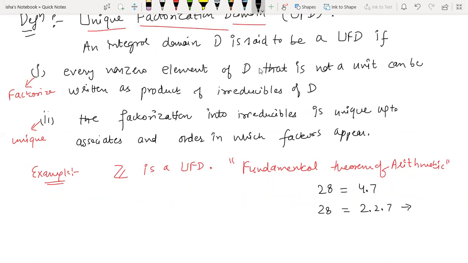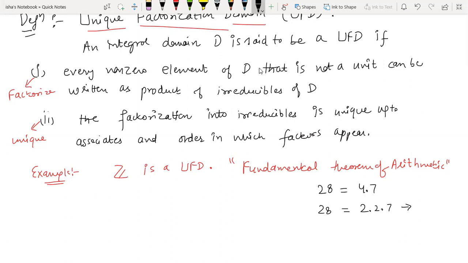My unique factorization domain demands it to be a product of irreducibles, but we know that in the ring of integers every prime is the same as an irreducible. So all prime numbers are irreducible elements. You cannot further break down the prime numbers. 7 cannot be written as something into another number, 2 cannot be factorized further. So these prime numbers are our irreducible elements.